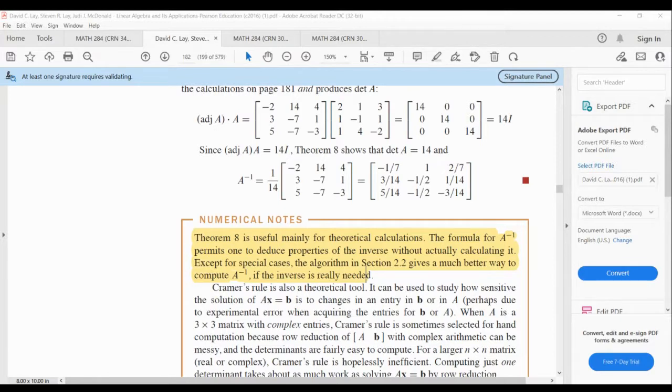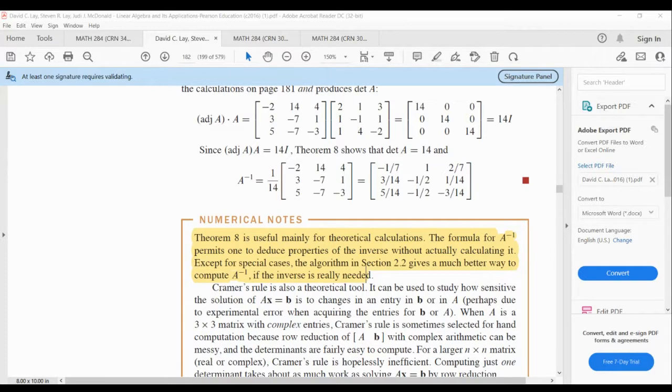That's the more popular formula. It's a much better way to do it because it's just more computationally efficient.